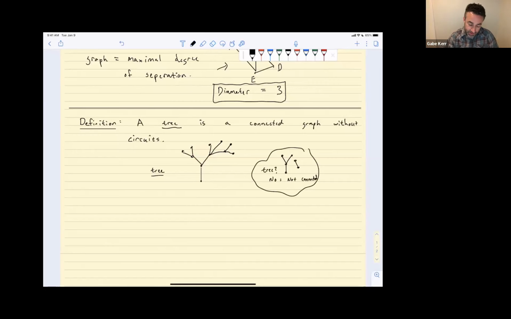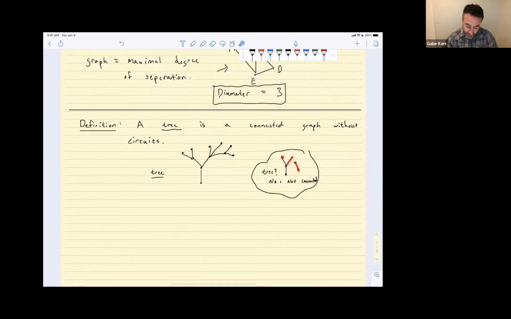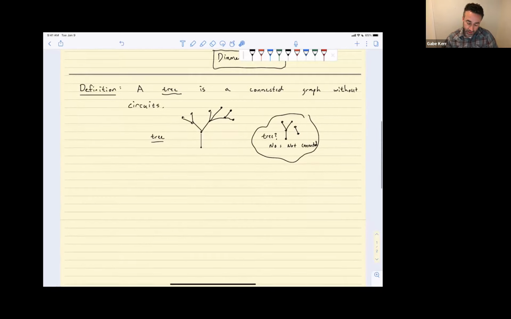So here we can see on this side, we don't have paths between the part on the right and the part on the left. Also, we could draw another non-example. Say we have something like this. This is also not a tree because we have a circuit.